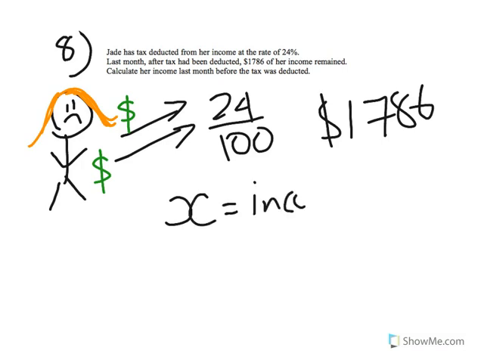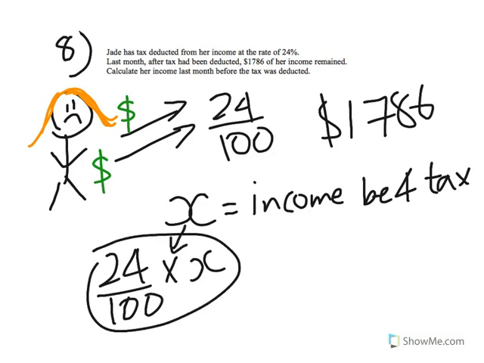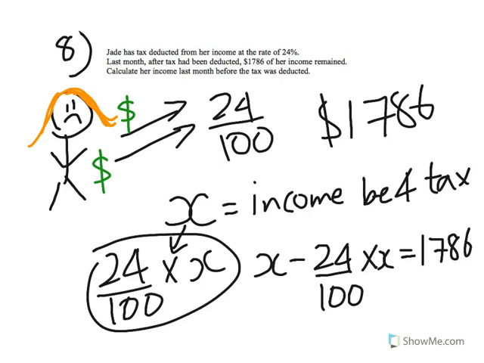So income before tax. Now, 24%, so 24 over 100, times X has been deducted from her original amount, X. So this has been taken away from X. That means that X minus 24 over 100 times X will be equal to the income that remains, which is 1,786.